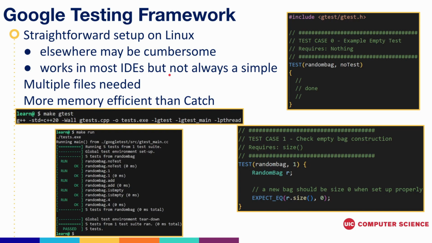So there are IDEs that already install it for you. The full-blown Visual Studio comes with Google Test usually installed. That doesn't mean it's set up correctly. That means it's installed. So it's usually easier to stick with Catch if you're having struggles implementing or trying to get the Google Testing Framework set up.